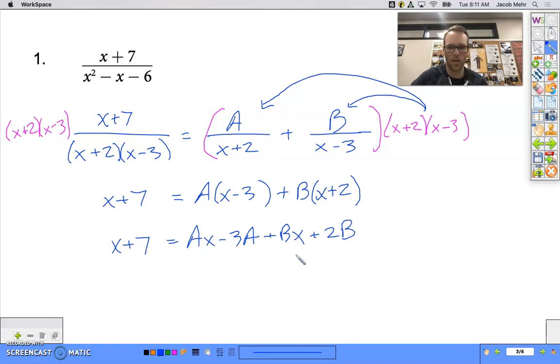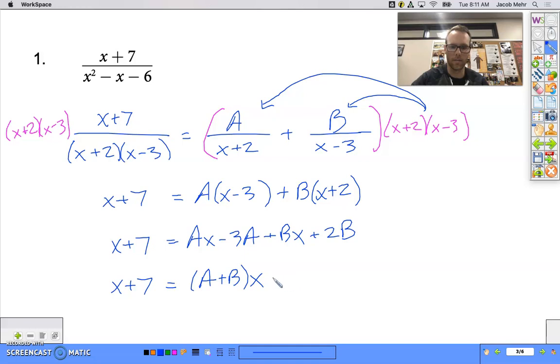Notice these are x terms, and those are x terms. We really have A plus B x's, right? I mean, if I switch these out to numbers, if this was a 3 and that was a 5, we'd have 8 x's. We'd have 3 plus 5, which is 8 x's. Well, they're not a 3 and a 5. They're an A and a B. Okay, so we have A plus B x's.